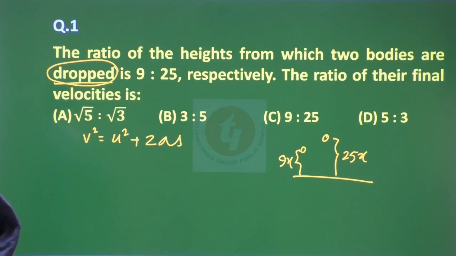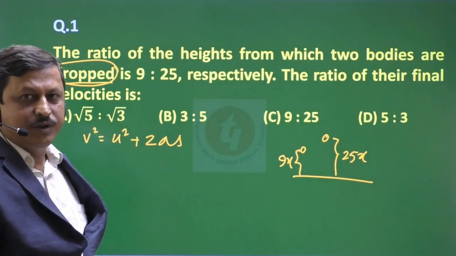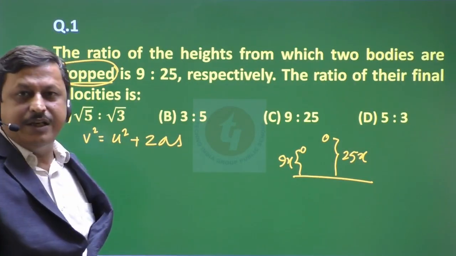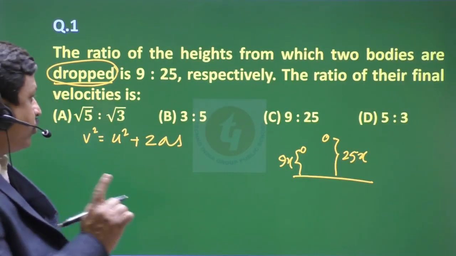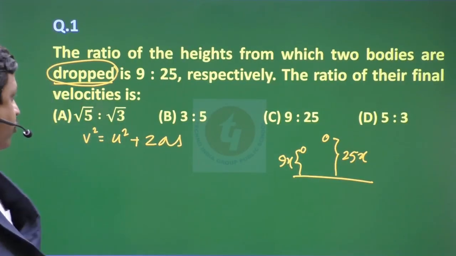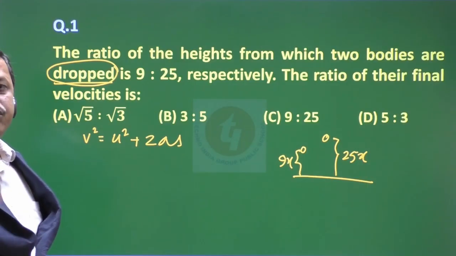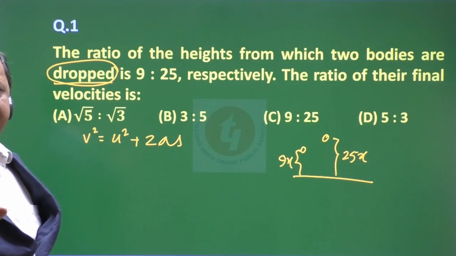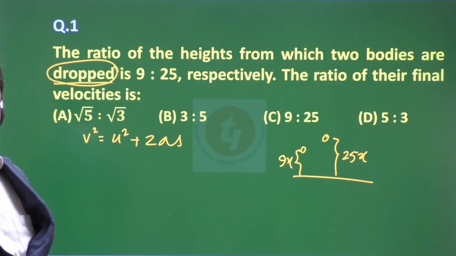Dropped means initial velocity is 0. If you drop from a height, that means initial velocity is 0. You have to notice this term. If it is projected or thrown with a velocity, that means there is an initial velocity. But if a body is dropped from a height, that means there is no initial velocity.